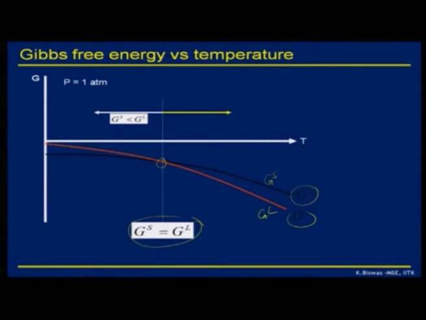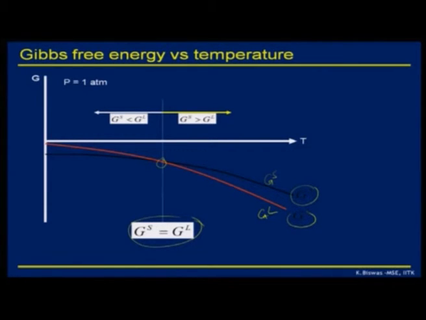Obviously below this, below 0 degrees Celsius or below the melting temperature of any component, solid has a lower free energy than the liquid, and this is why solid is more stable. Ice is more stable than water at temperatures less than 0 degrees Celsius, because its free energy is lower. So this is the equilibrium phase, because the energy is minimum. Now on the other side, what happens?